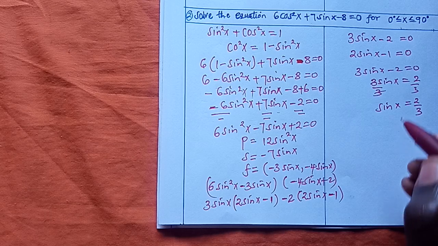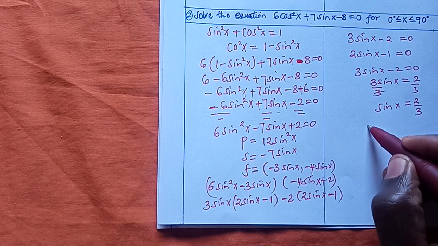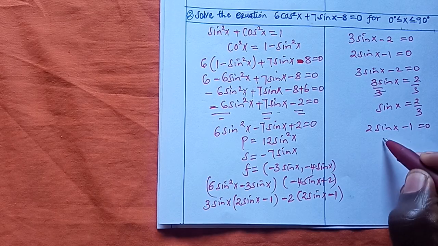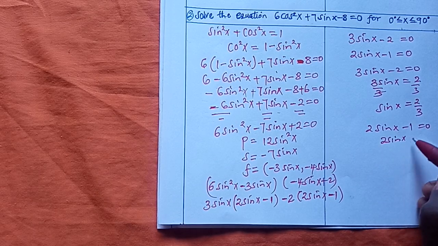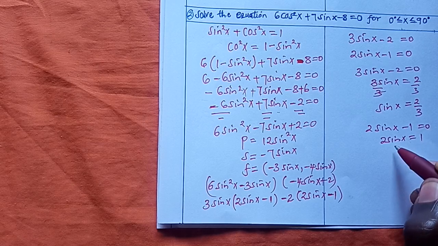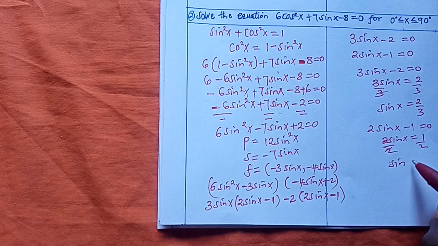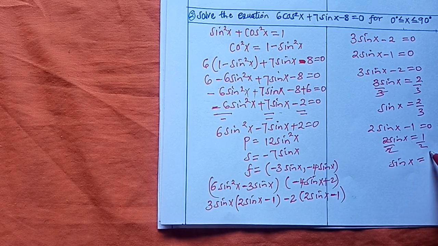What about the next one? The next one is going to be 2 sine x minus 1 is equal to 0. 2 sine x is equal to 1. You divide by 2. So our sine x is equal to a half.